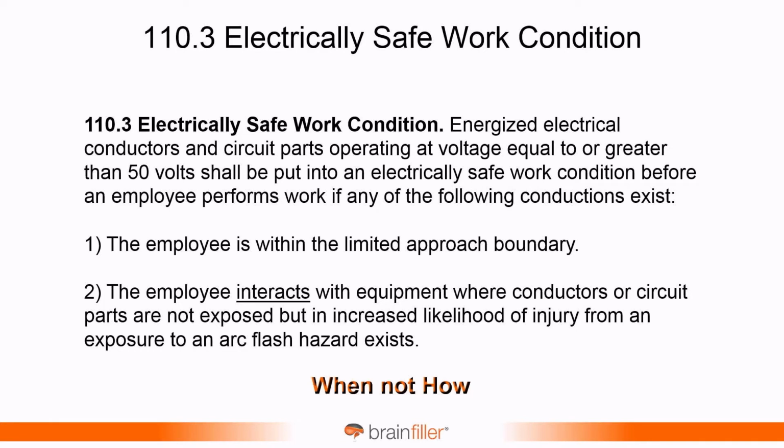And it's required if an employee is going to be working within the limited approach boundary and there are exposed parts, and if the employee interacts with the equipment where conductors or circuit parts are not exposed, but there's an increased likelihood of injury from an exposure to an arc flash hazard.